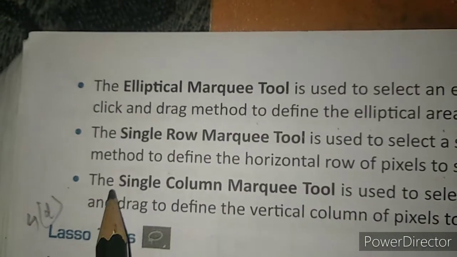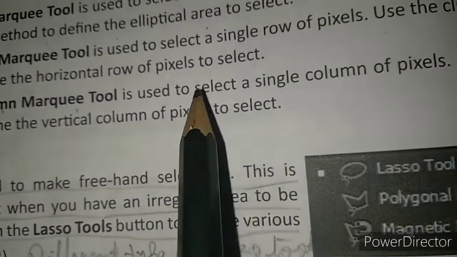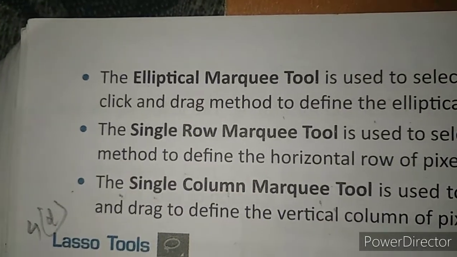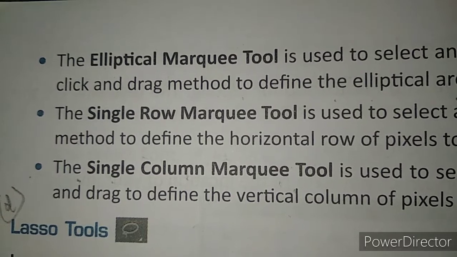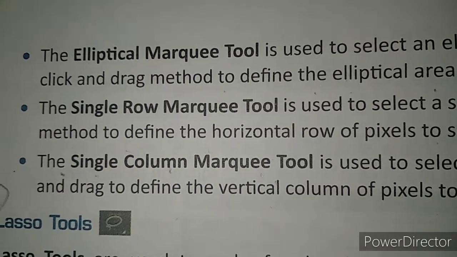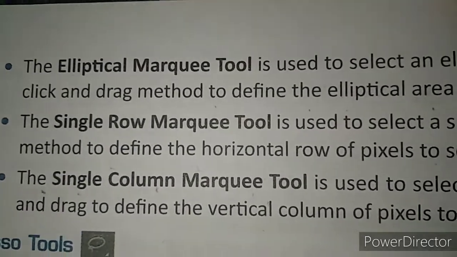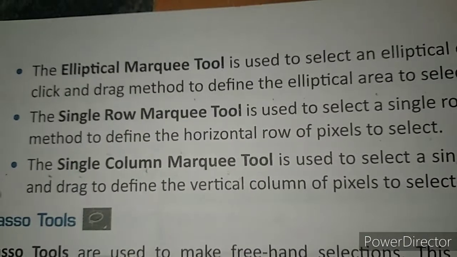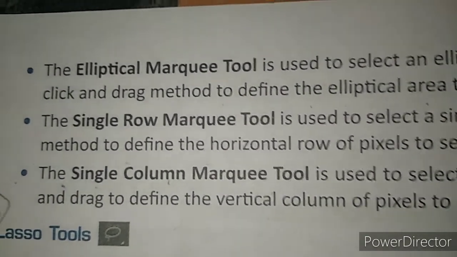Likewise, if you select the single column marquee tool, you can select a single column of pixels, and the same method of point and drag is used to select the particular area, right? So there are 4 types of marquee tool: rectangular, elliptical, single row, and single column marquee tool, right?